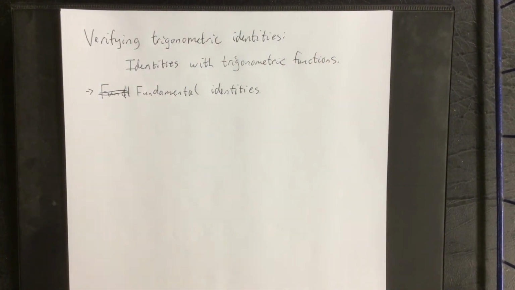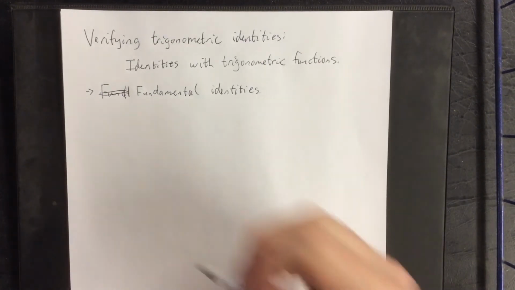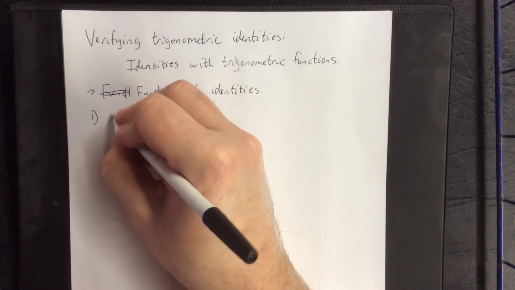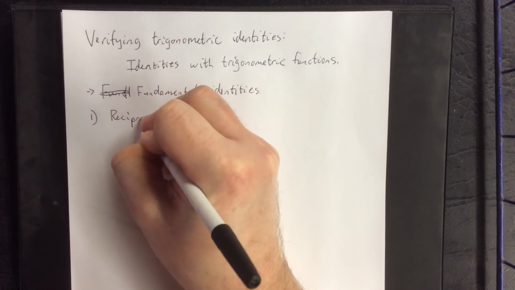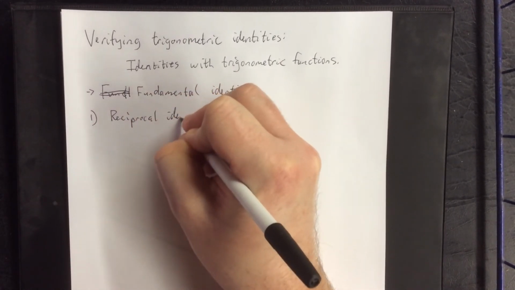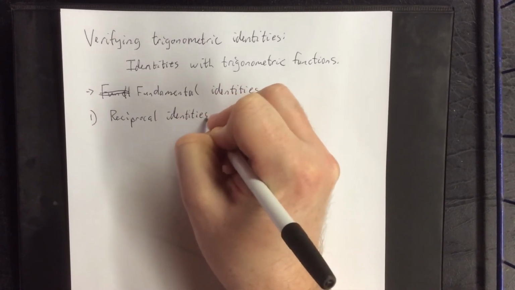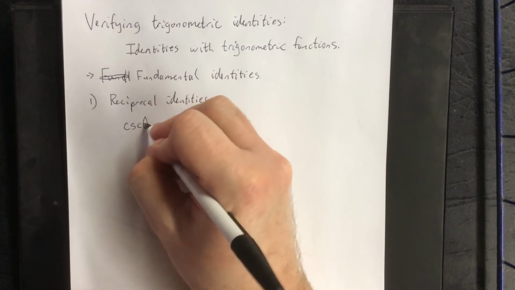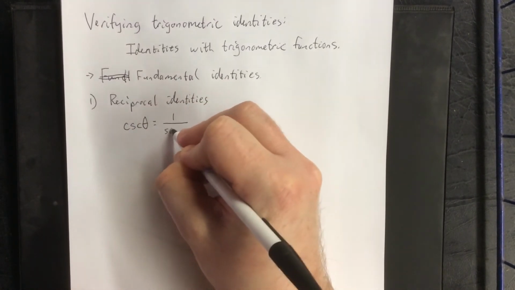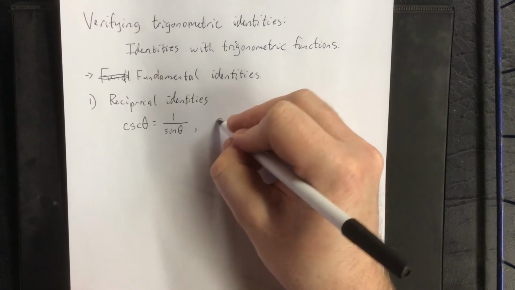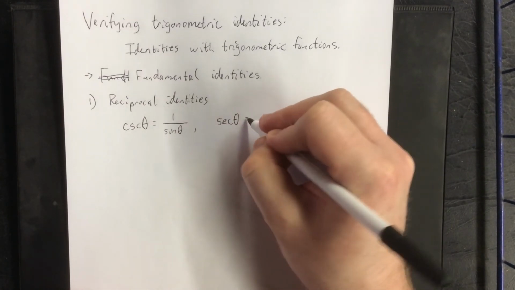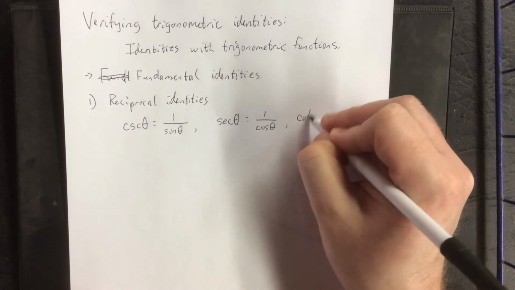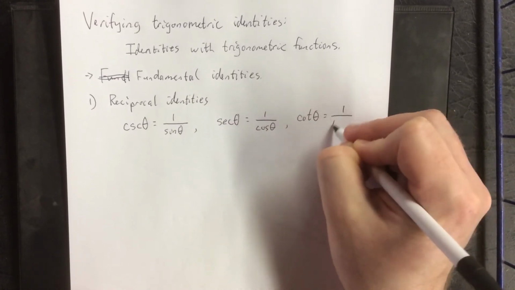There were 4 different categories of fundamental identities, and we have been expanding on that. So we had the reciprocal identities. The reciprocal identities let us know that the cosecant of an angle was the reciprocal of the sine of an angle, that the secant of an angle is 1 over the cosine of an angle, and that the cotangent of an angle is equal to 1 over the tangent of an angle.